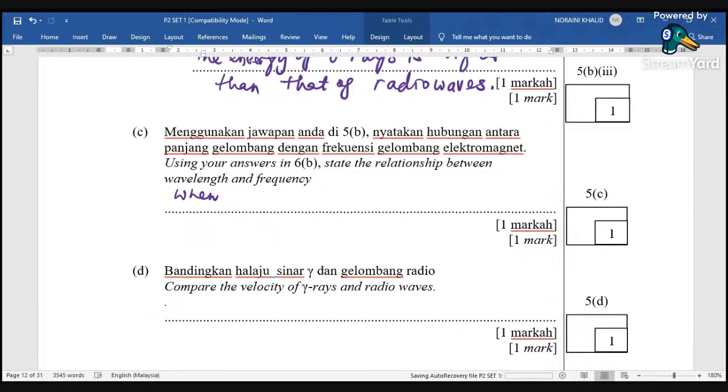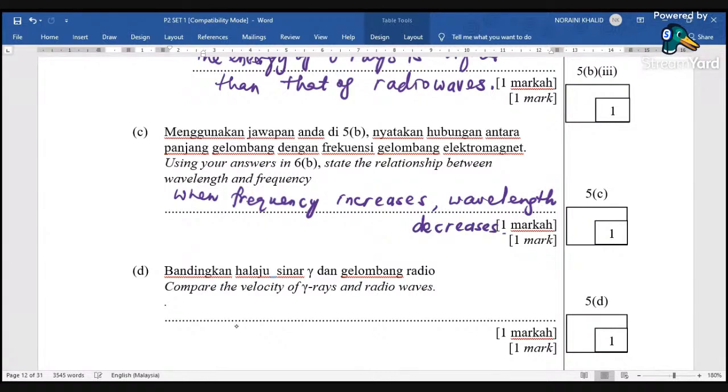You can write like you are writing a hypothesis: when frequency increases, wavelength decreases.